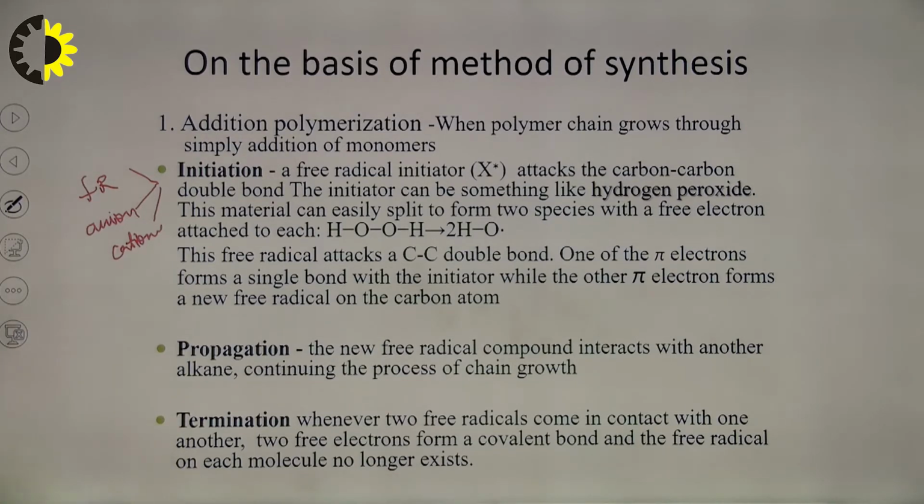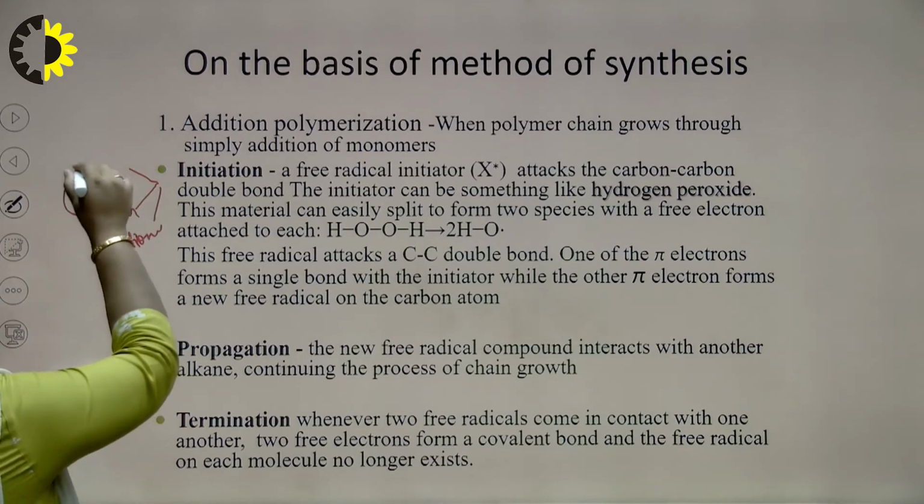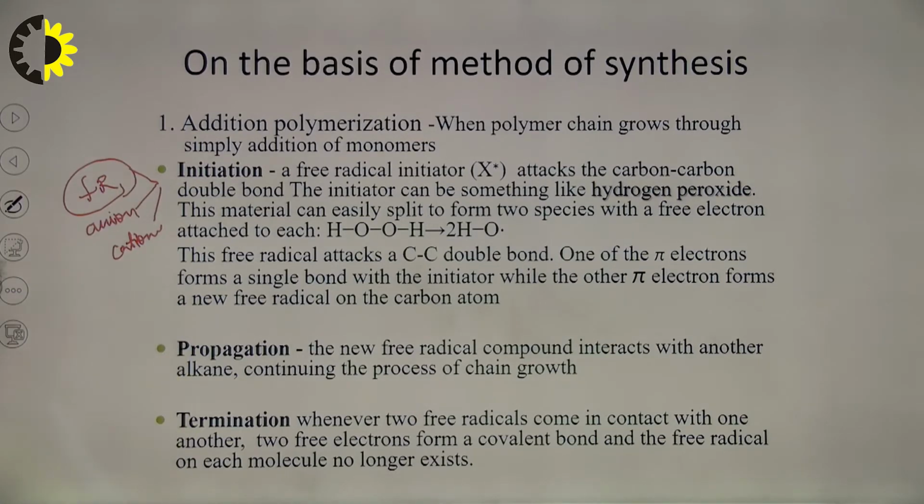Anionic means the initiator contains a negative charge, for example OH minus, and cationic means the attacking agent or initiator contains a plus charge, for example H plus. And free radical initiators are generally generated in the presence of sunlight.